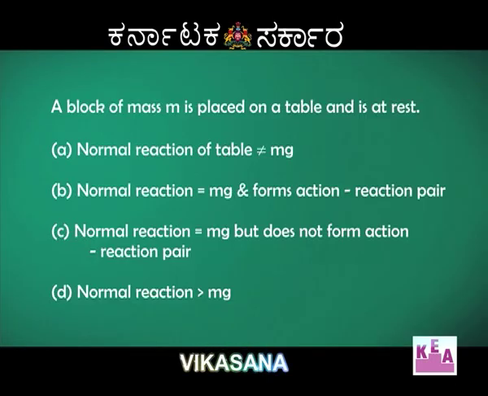A block of mass m is placed on a table and is at rest. Normal reaction of the table is not equal to mg. Normal reaction is equal to mg and forms an action-reaction pair. Normal reaction is equal to mg but does not form action-reaction pair, and normal reaction is greater than mg.